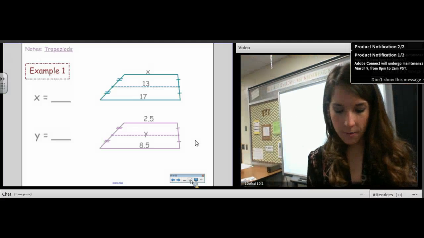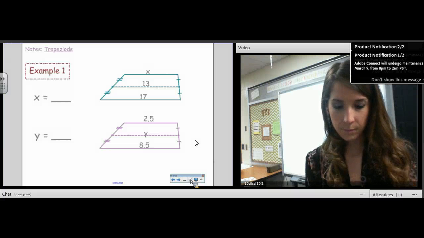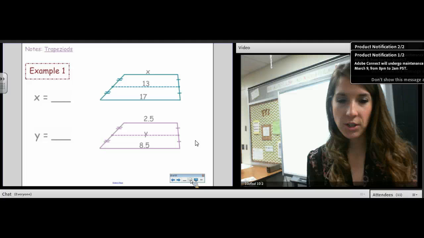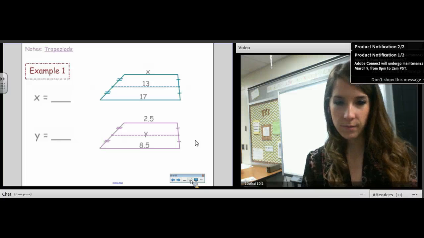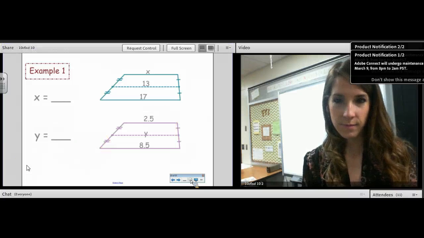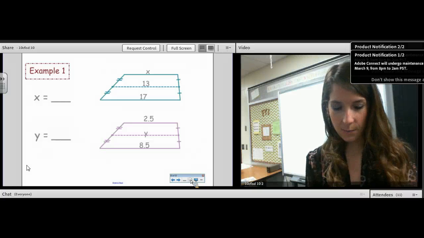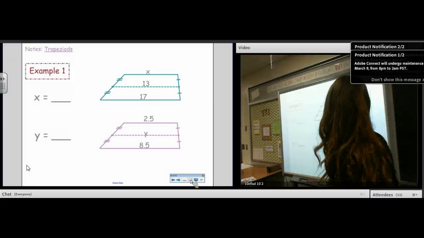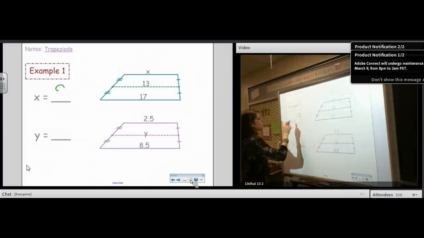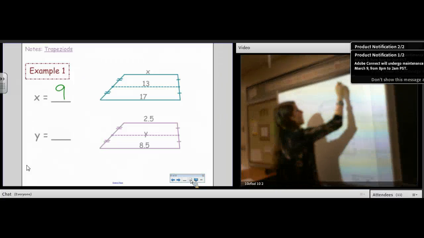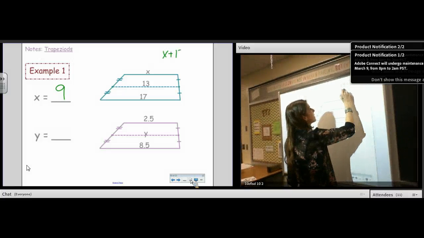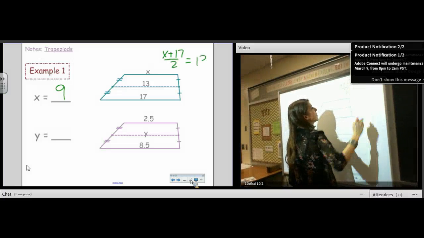All should be done by now. Adriana and Arsham. Yes, very good. So Adriana got 9, and there are 2 ways to get that. Way number 1: X plus 17 divided by 2 equals 13.